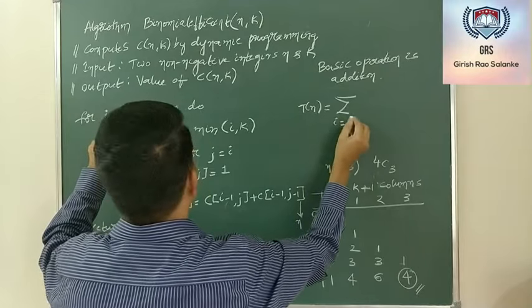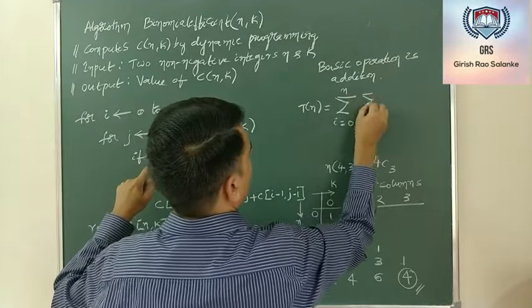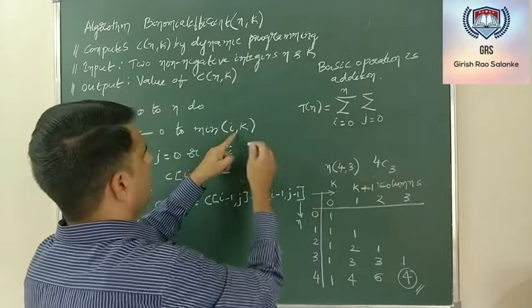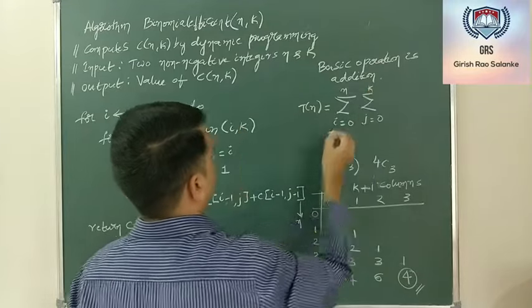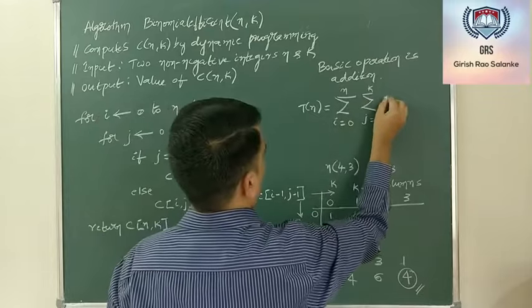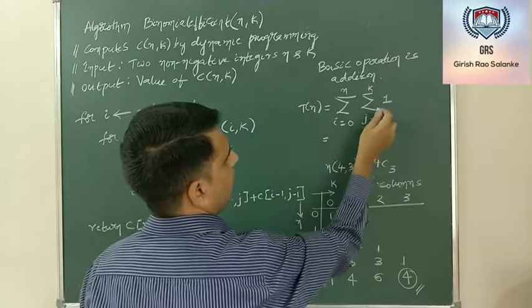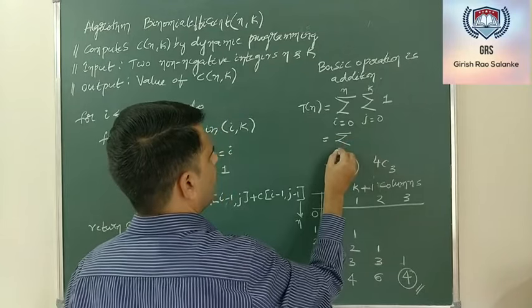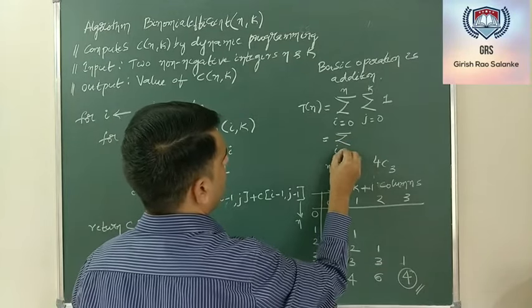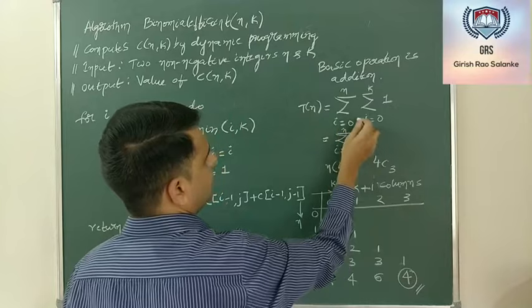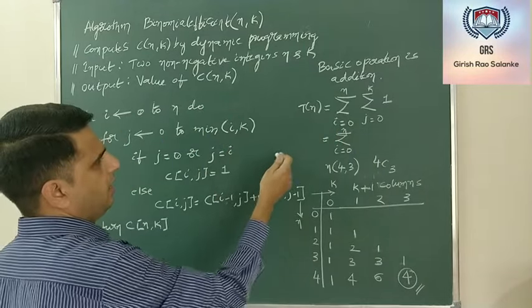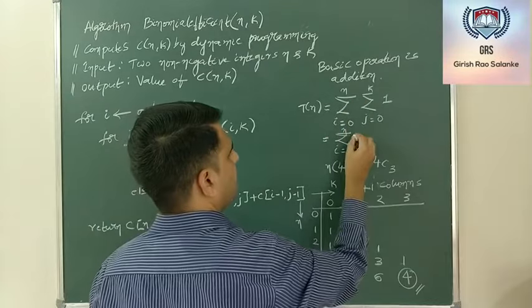For i equal to 0 to n, summation of what is this j loop? j is from 0 to min of i, k. So, this will be k times, summation of i equal to 0 to n, of the sum over j equal to 0 up to min of i comma k, which is k times.